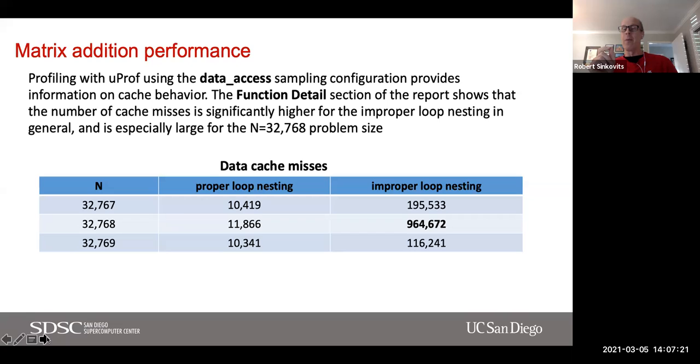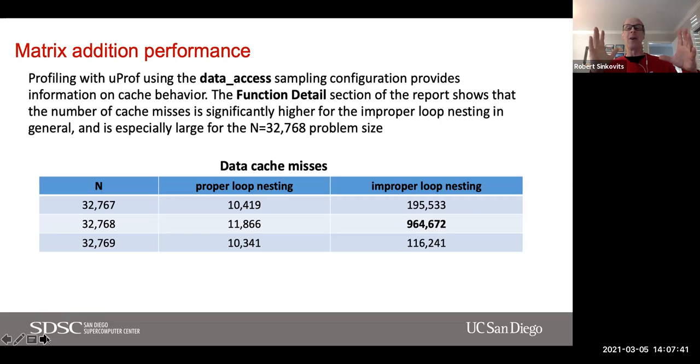With the improper loop nesting, you can see that the number of data cache misses is a lot higher: 195,000 for the first case, nearly 1 million for the second case, and a little over 100,000 for the third case. So what's happening here?